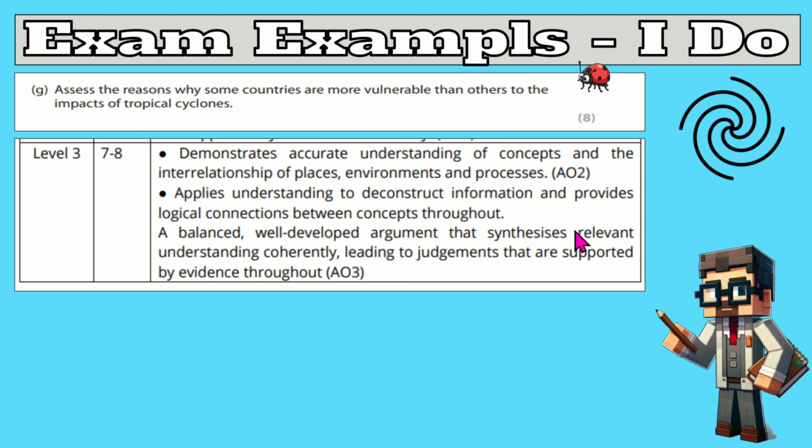Well-balanced argument, synthesized coherently, so again, is it well structured? Connectives. Judgments. If you do not have the judgments, the examiner cannot award you more than 7. Okay, so you need the judgments, otherwise you're getting a maximum of 6. So what it says is we need good geographical information, AO2, and we need it well written and deepened in AO3 with judgments.